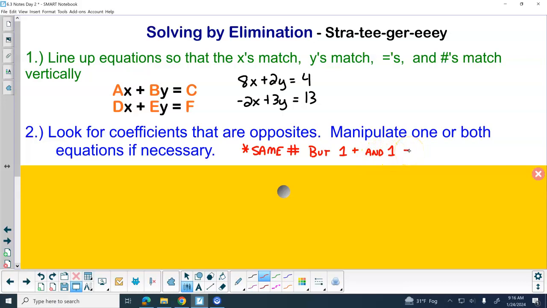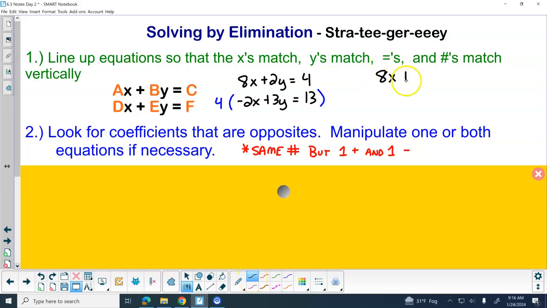Okay. Now, it doesn't matter which variable you choose. Sometimes it's right there for you. Go, whoa, eliminate this one. Okay? But sometimes you might have to manipulate one or both of the equations. So what I mean by that is if I take this bottom equation and I multiply it by 4. So I multiply the whole entire equation by 4.